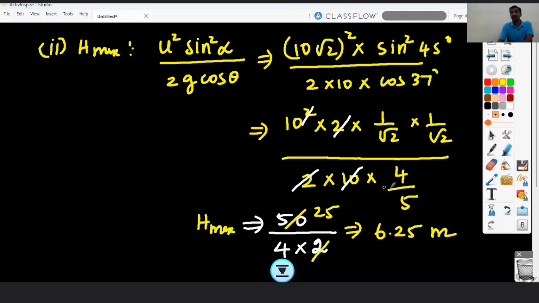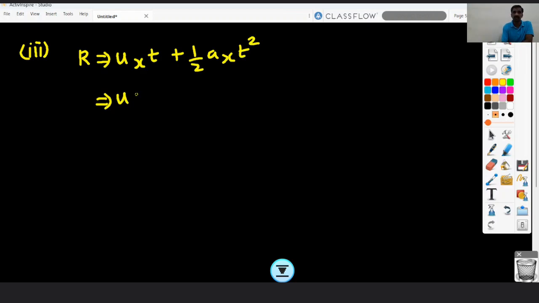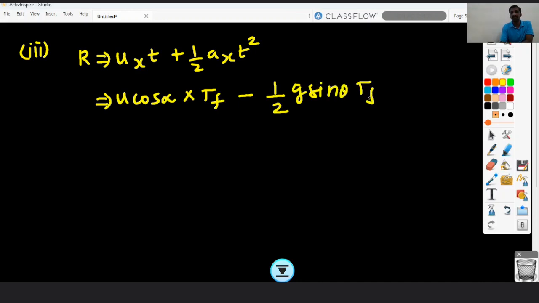Okay. So with the help of this, now we can find the range. The range formula I told you. So range formula R equals u x t plus 1 by 2 a x t square. This alone is enough. So in the place of u x, u cos alpha into time of flight tf, minus 1 by 2 g sin theta into tf square.